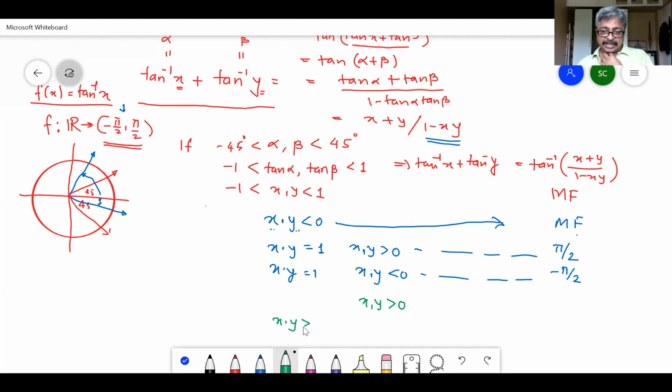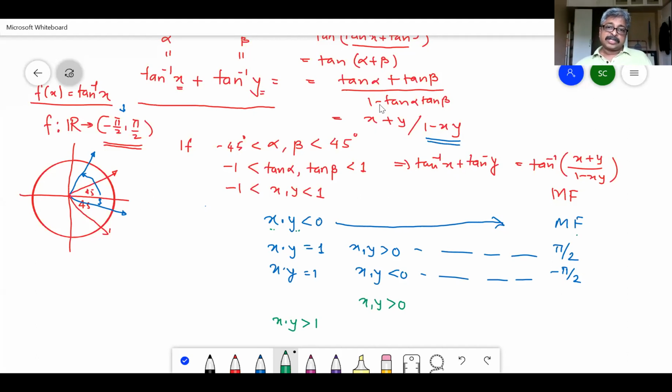is greater than 1, look at this main formula. If x into y is greater than 1, then the denominator is going to become negative, as x and y both are positive.